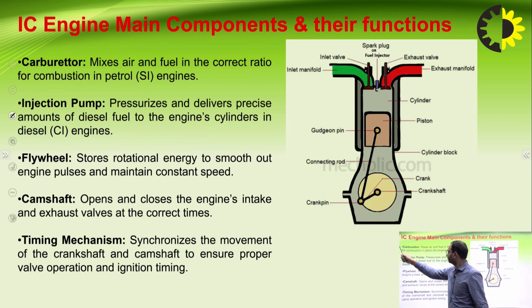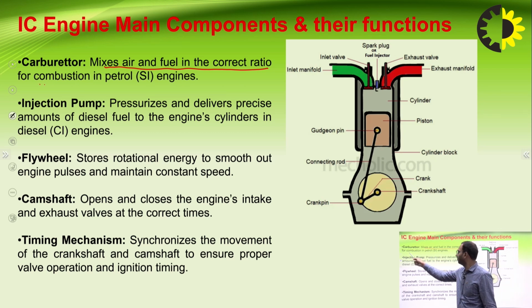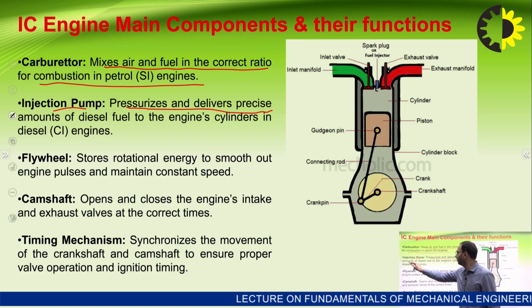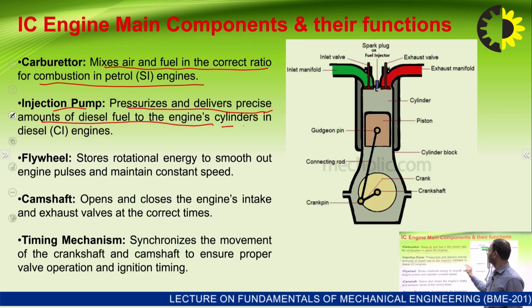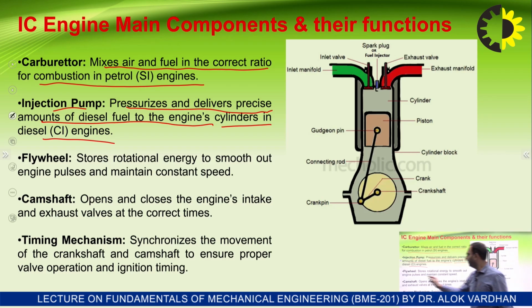Then the next one is carburetor. What is carburetor? Basically, it is used in SI engine only. So the carburetor mixes air and fuel in the correct ratio for combustion in petrol engines only. Then what is injection pump? It is used in diesel engine. It pressurizes and delivers the precise amount of diesel fuel to the engine cylinder in diesel engines only. Then what is flywheel?